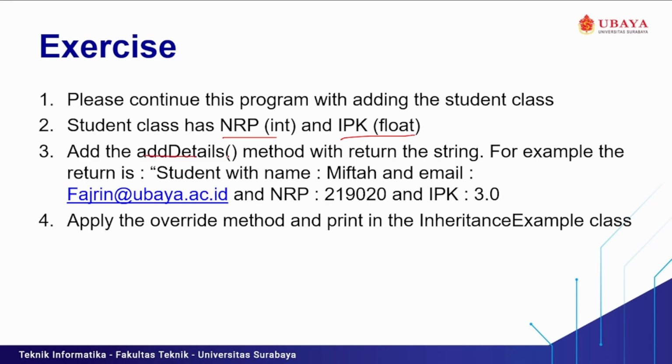Also add the add details method and return a string, for example like this one: Student with name Miftah, where this name is inputted, and email, let's say fajrin@upaya.ac.id, which is also inputted, nrp, this one, and ipk, this one. So apply the method overriding and print it in the inheritance class project that you have created. Okay, thank you.